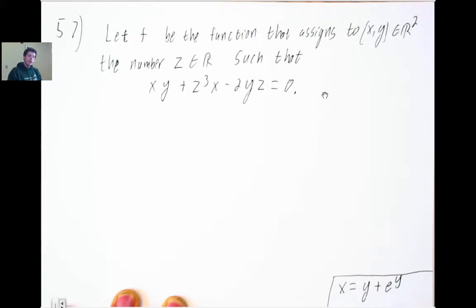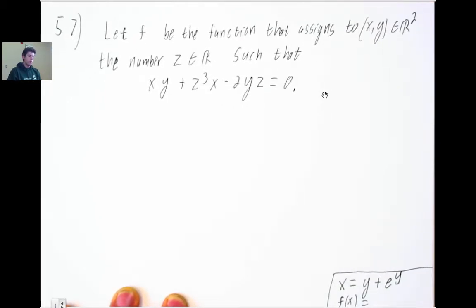So we could algebraically define a function that assigns to x the number y such that x is equal to y plus e to the y, and then we would not be able to give an algebraic expression for f of x. Right? What expression in x would y be equal to? I don't know. But nevertheless, this equation would serve as a perfectly good rule of correspondence.